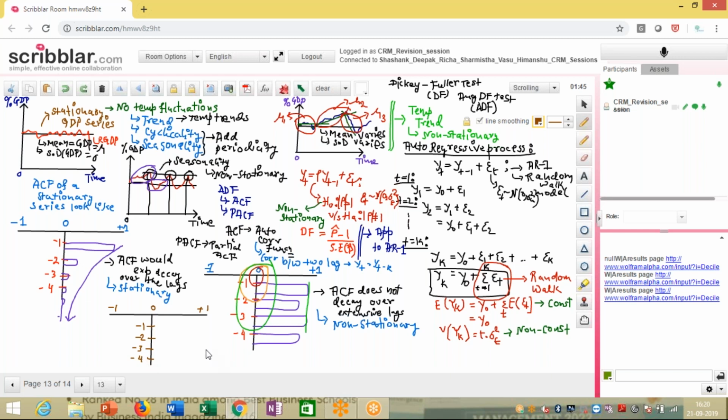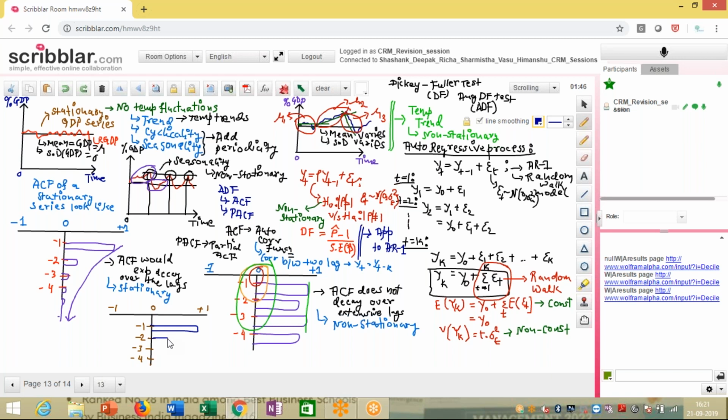So let's say this is the -1 lag, then -2.